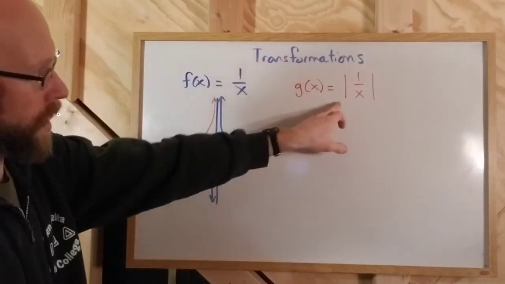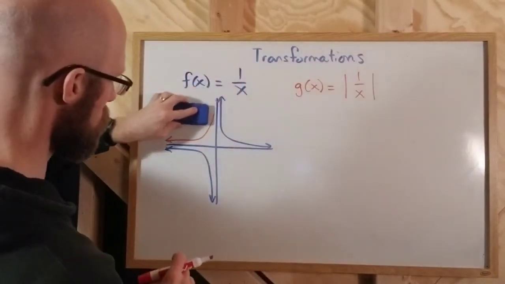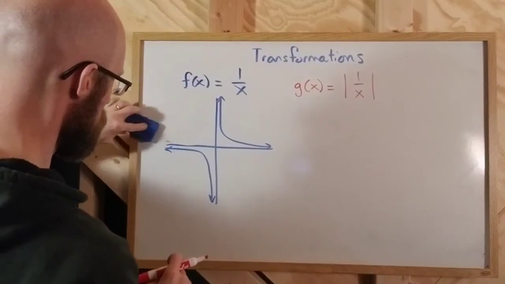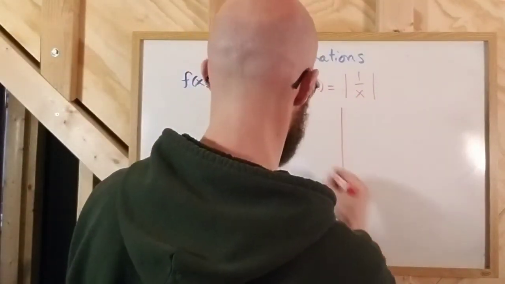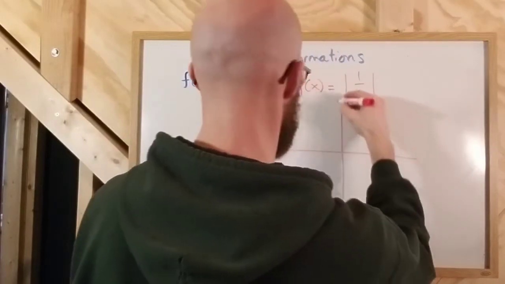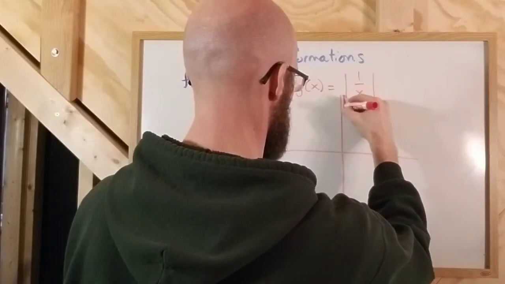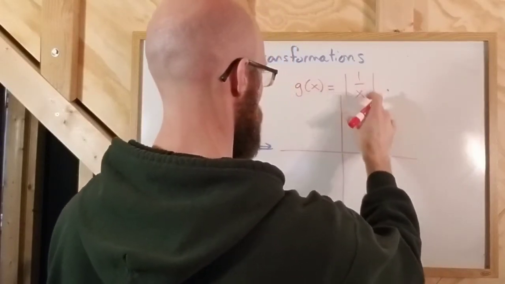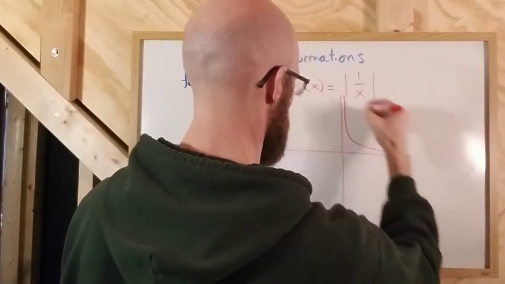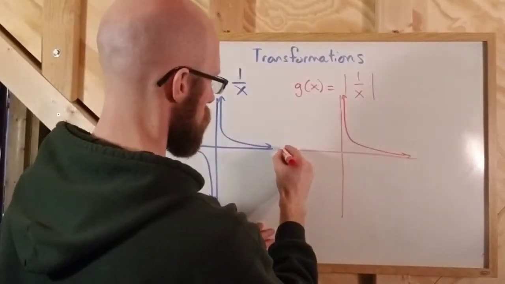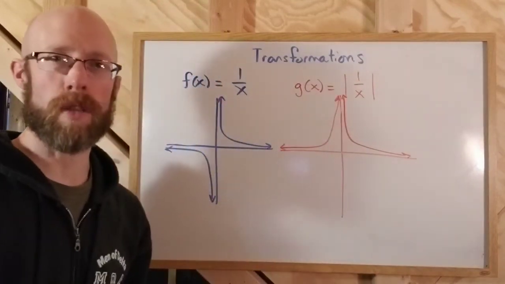And so g of x, I should probably redraw this on a different graph, otherwise everything's going to overlap. So g of x is going to have the same part of the graph on the right side, but on the left side it's going to be above the x-axis instead of below the x-axis.